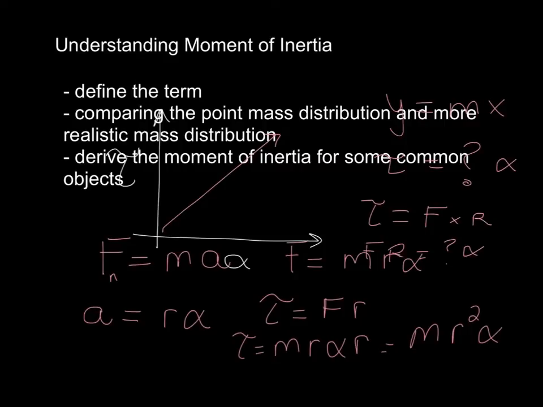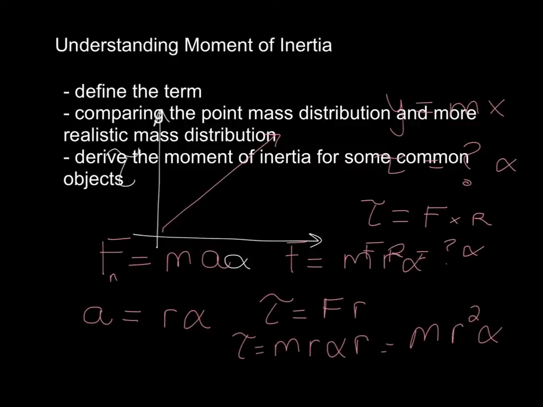Now, if we think about comparing force to torque, the net force was the rate of change of momentum of an object, also written as mass times the net acceleration, and we have studied very intentionally that mass, inertial mass, which is translational inertia, is an object's ability to resist a linear acceleration.